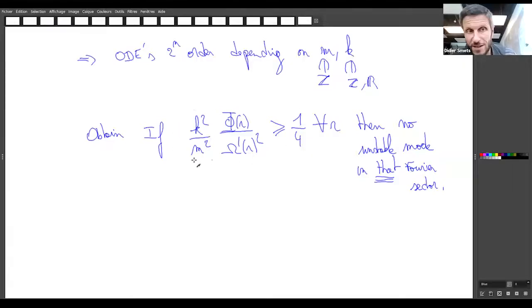The problem with this is that this condition is never going to be satisfied for all values of K and M. Even if you take, as a note, for omega the Gaussian, if omega of R is exponential of minus R squared, suitably normalized, so the Lamb-Oseen vortex.